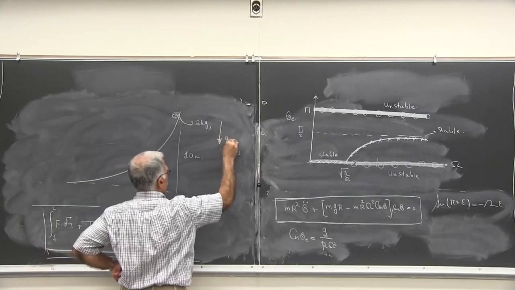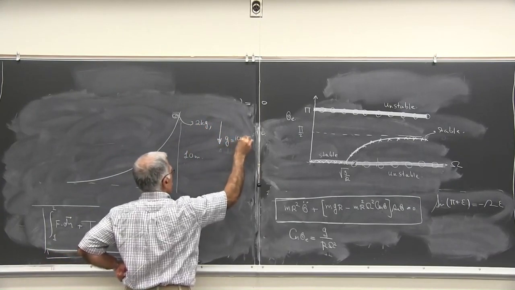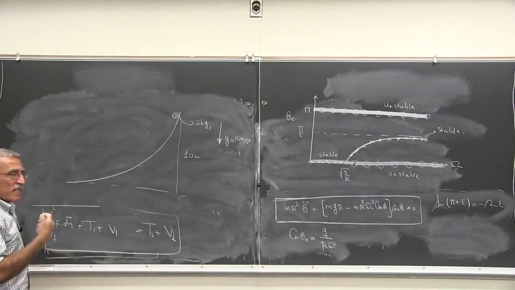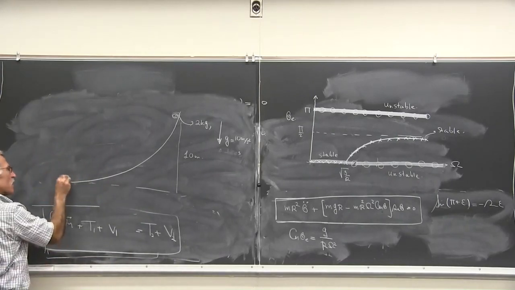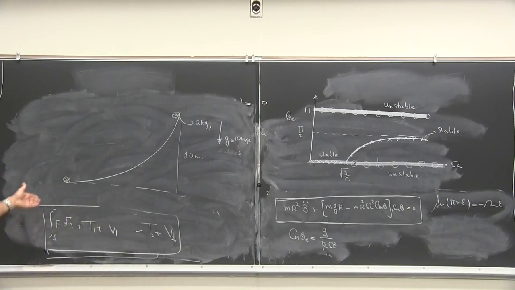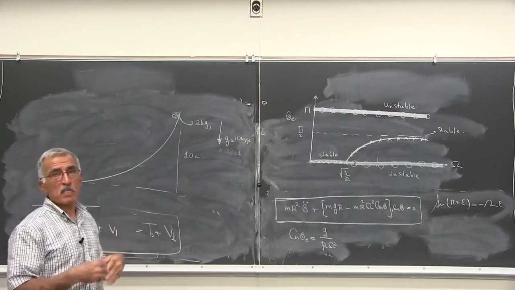Gravity is equal to 10 meters per second squared. And this marble is released, and it comes down here. In between, I don't care. We want to know what's the velocity when it gets to the bottom. And assuming there is no friction.